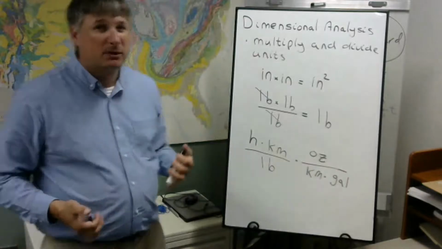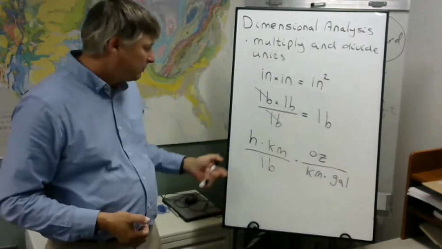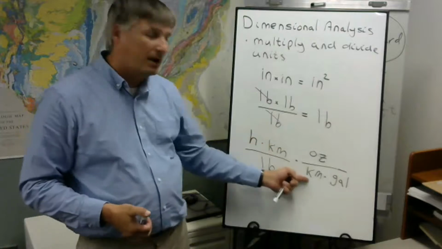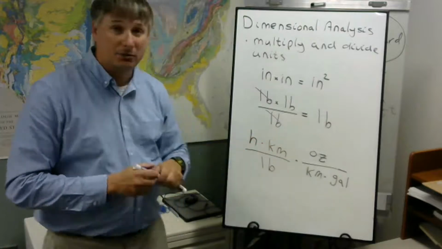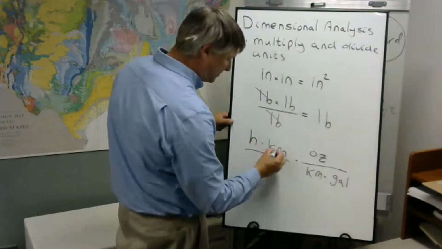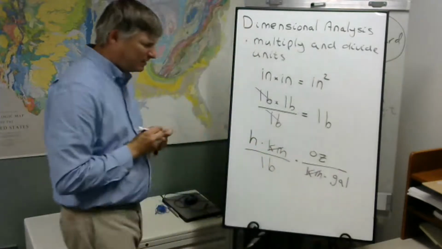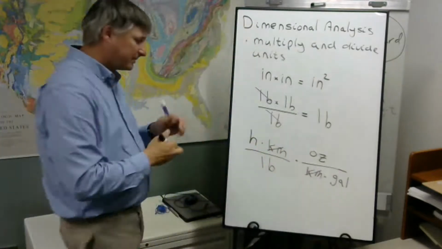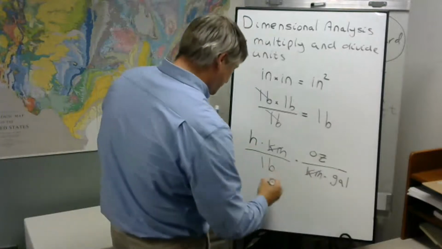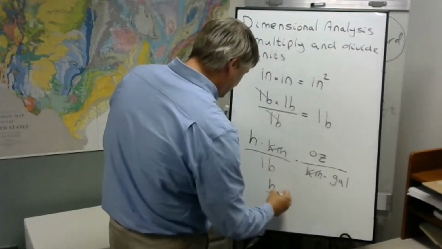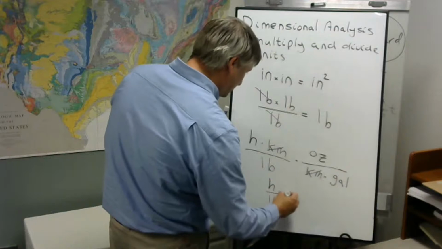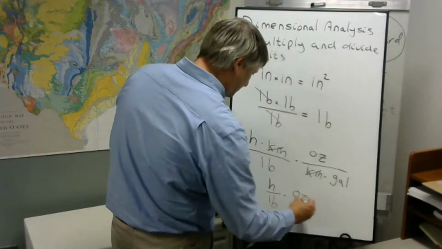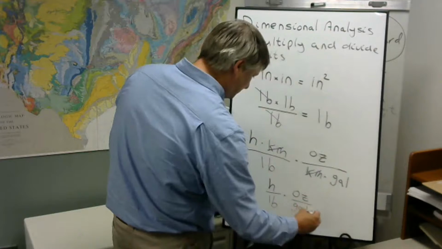Well, you might remember from multiplying fractions that when you have something repeated in the top and the bottom, you can cancel those. So we can cancel kilometers. And when we cancel kilometers, we get hours over pounds times ounces over gallons.